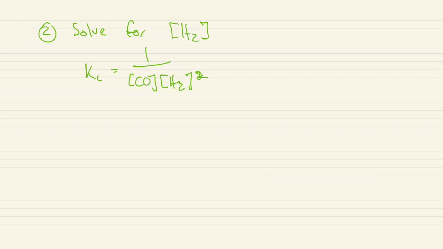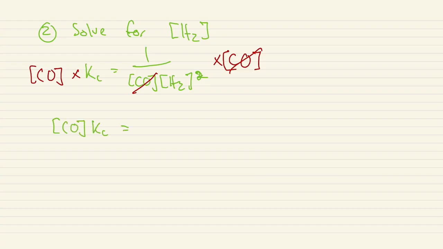What's the first thing we should do? We can move the concentration of CO to the other side. What happens to the concentration of carbon monoxide on the right-hand side? They cancel out. So we get CO Kc is equal to 1 over H2 squared.